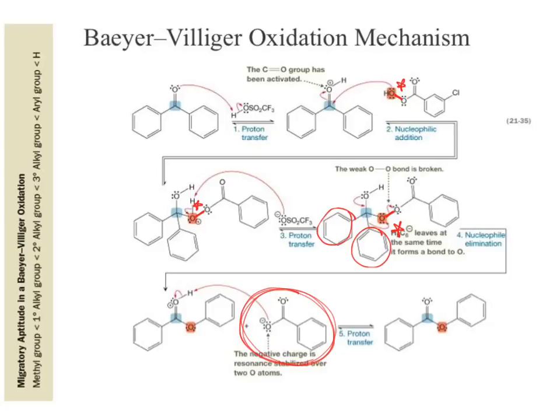To get hydrogen to migrate, what functional group would we have to start with? We'd have to start with an aldehyde. That's the only case where you have a hydrogen to migrate. That structure would be an aldehyde. It's the only time you'll see it. Okay?